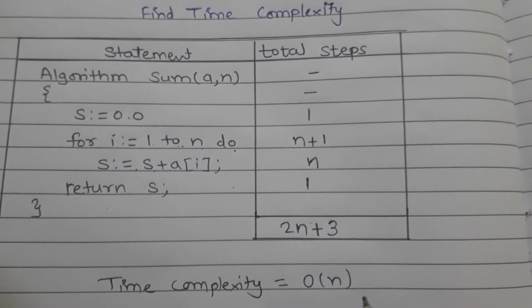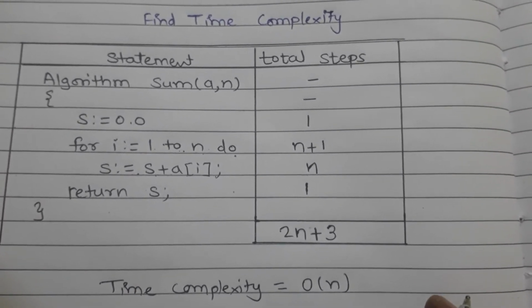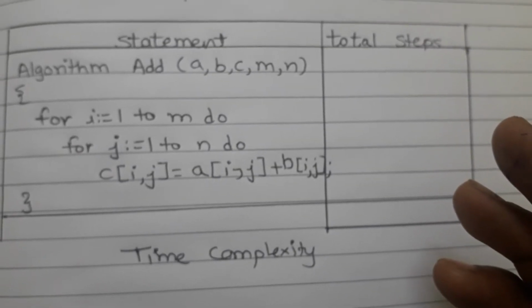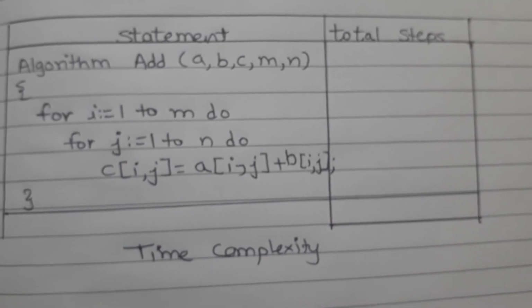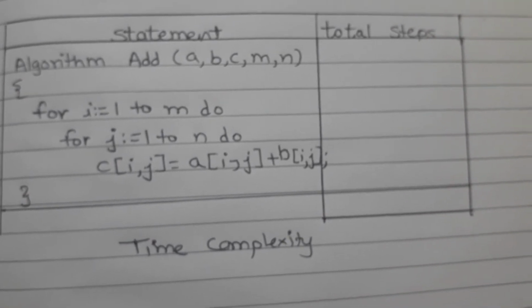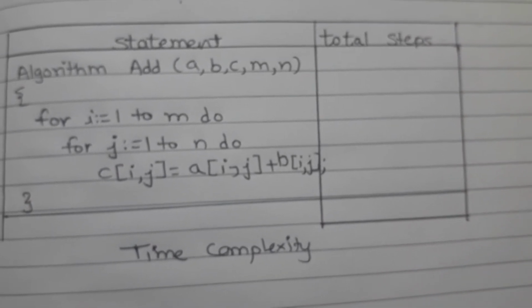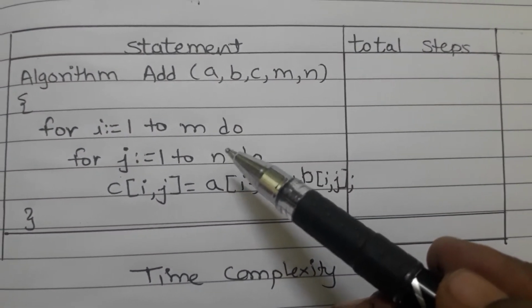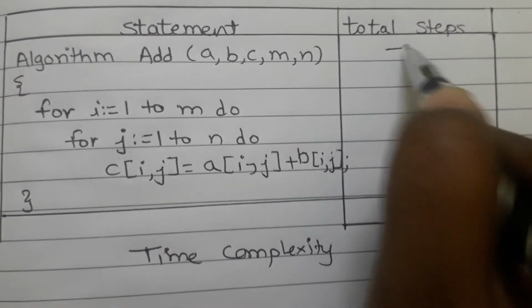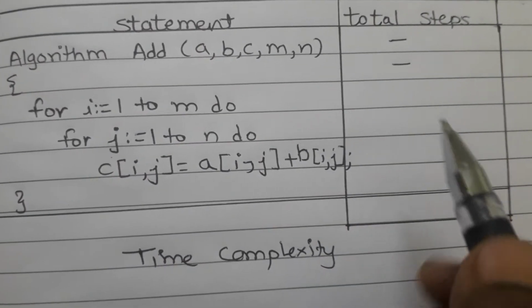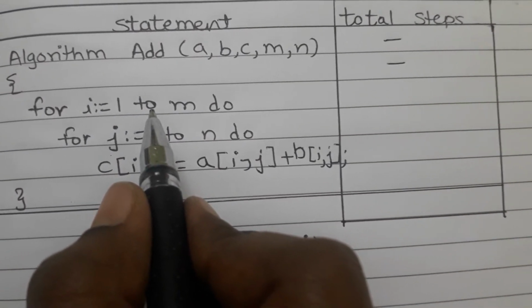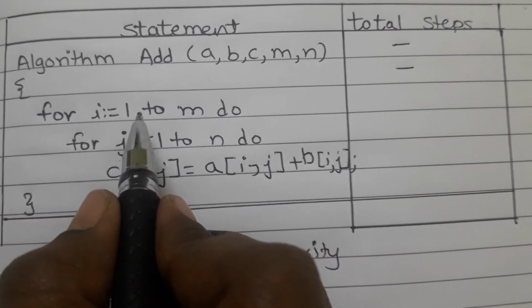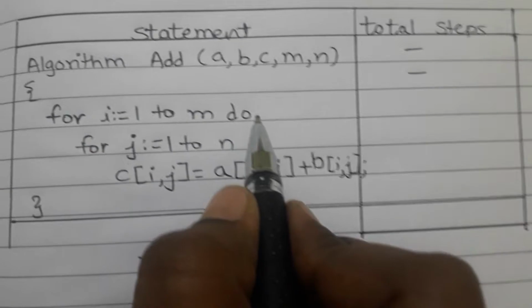Again, in this way we will see similar examples. This is the second example, where we have to find the time complexity. Within this algorithm we have written one for loop, for i is equal to 1 to m do.